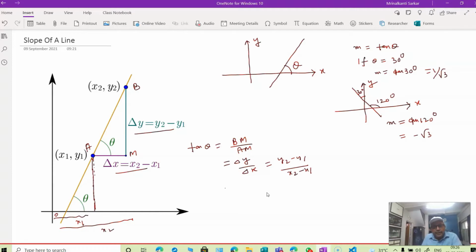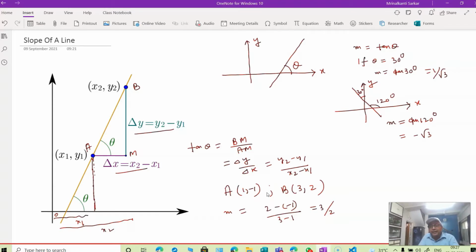So what is the slope of a line passing through 1, minus 1 and 3, 2? This time m is going to be 2 minus minus 1 by 3 minus 1. This is 3 by 2. So slope of the line is 3 by 2.